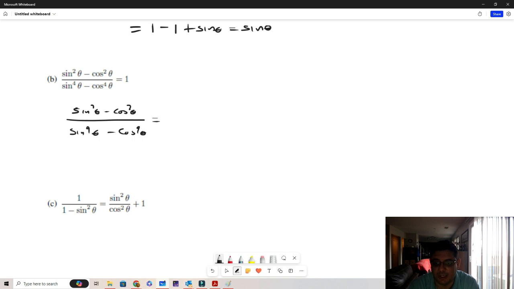You might be inclined to do difference of squares on the top and the bottom, but if you think about it, you only need to do difference of squares on the bottom here, because the top is sine squared of theta minus cosine squared of theta, and then below you can factor this as sine squared minus cosine squared.